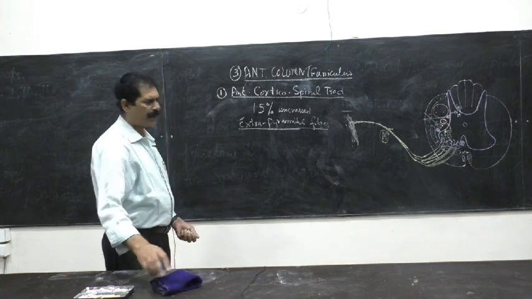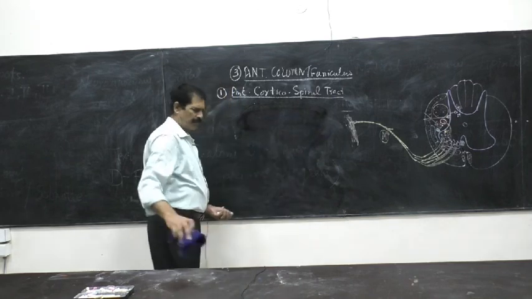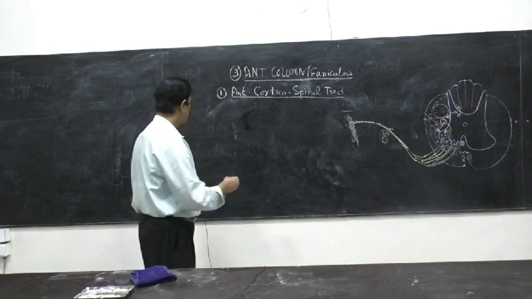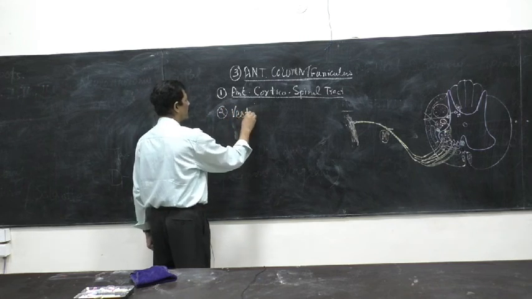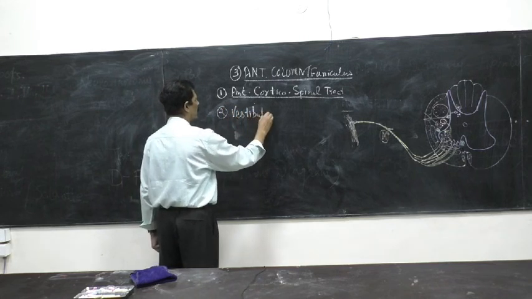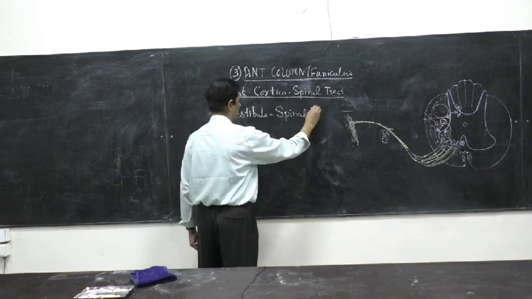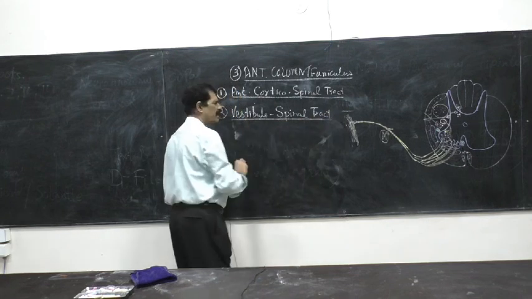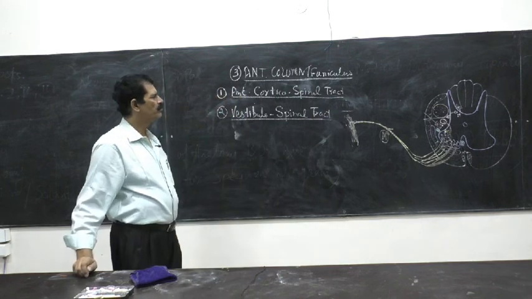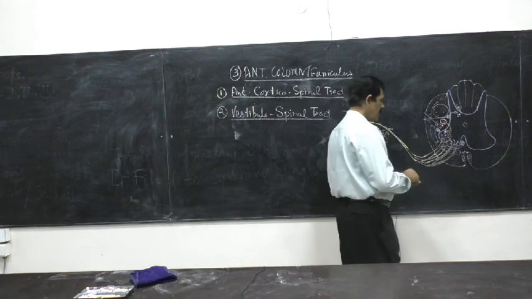Another tract present in the anterior column is the vestibulospinal tract. This we have already done. Now we see where it is lying in the spinal cord.